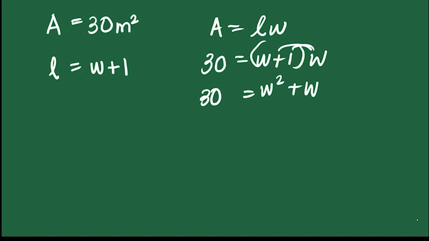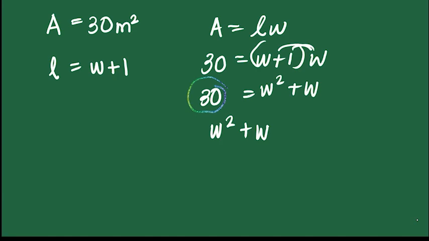But if you are asked to write the standard form of the equation, you will come up with this, W squared plus W. Other students find it easier to use this method, a shortcut method of having, for example, this 30 written on the other side of the equation become negative 30.